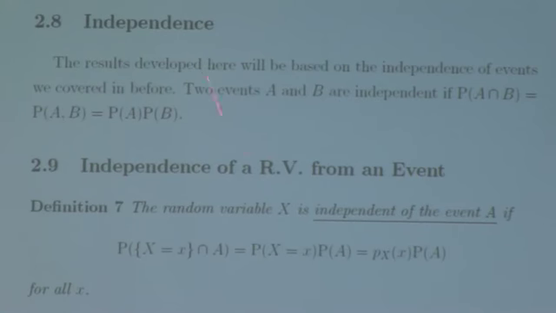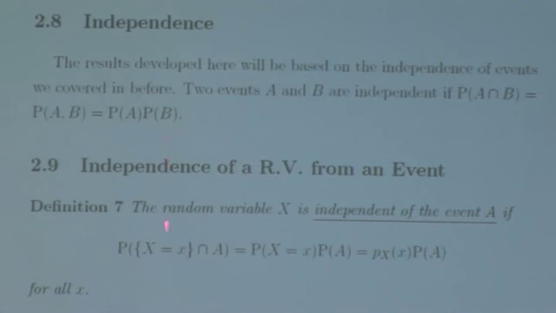How about the independence of a random variable from an event? A random variable X is independent of the event A if the probability that X takes the value x and A happens breaks down into the product P(X = x) times P(A). Okay?